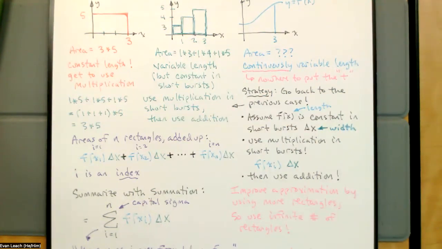It's all the same. Applications of integration are just applications of multiplication. Integration is multiplication, but one of the factors is continuously variable. This is how we think our way out of the problem. It is not how we mechanics our way out of the problem. We don't have the mechanics yet.